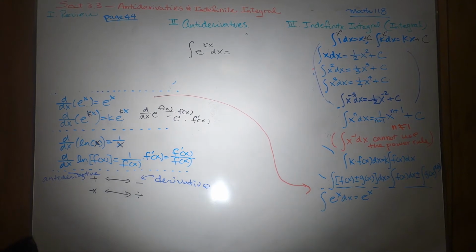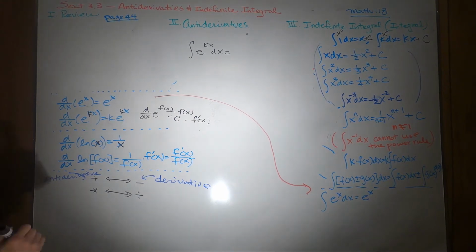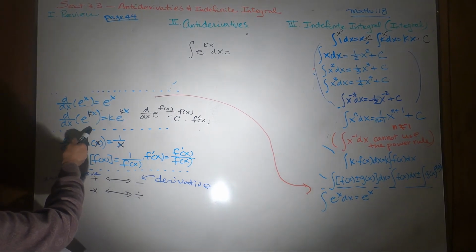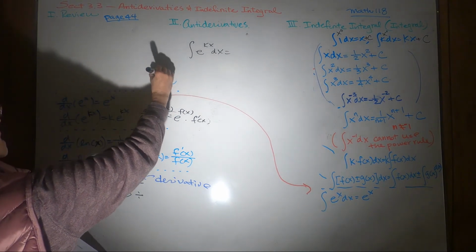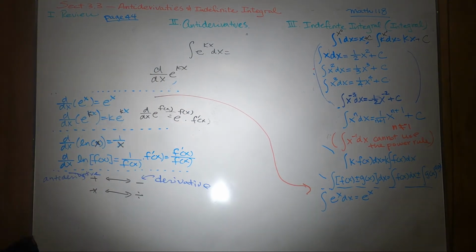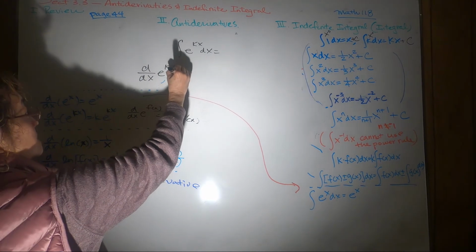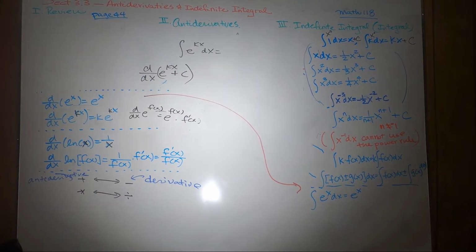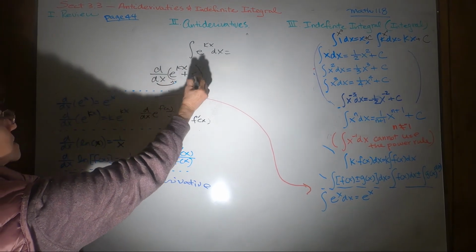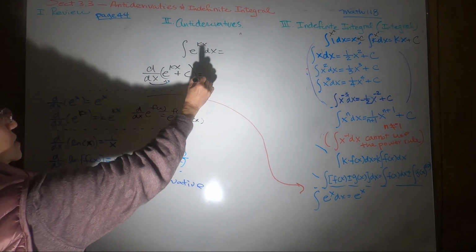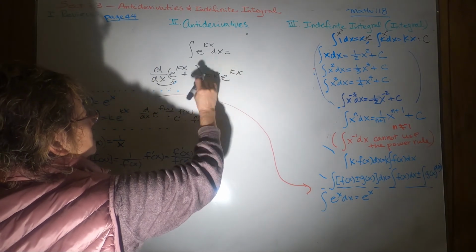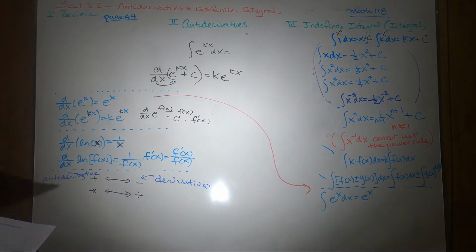Okay, so let's do the derivative first. Let's see what will happen. If I take the derivative d/dx of e to the kx power plus an arbitrary constant, that would be k e to the kx, and then c will be 0.